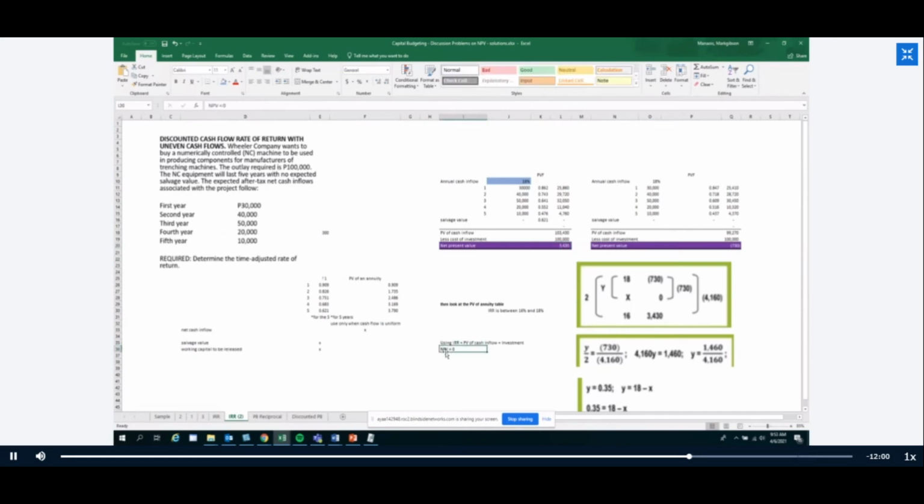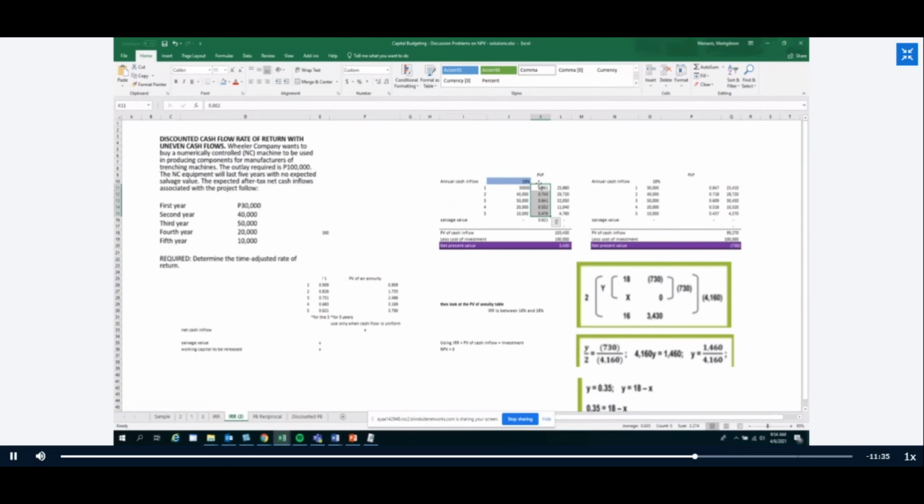Kasi sabi natin, using IRR, ang present value of cash inflow is equal to the cost of investment. So therefore, net present value is zero. So in this case, kailangan natin mag-trial and error. Una kong ginamit is 16%. No? 16%, kinuha ko lang yung present value factor.